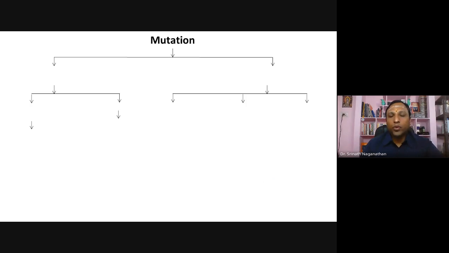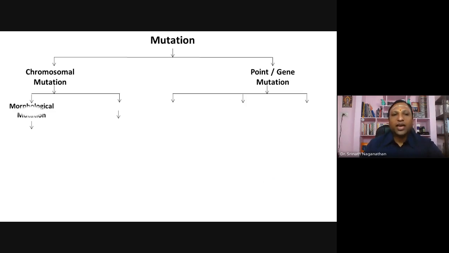So let's see about mutations. As we have discussed the different types of mutagens, based on this, mutation can be considered as chromosomal mutation and point or gene mutation. In chromosomal mutation, we have two types: morphological mutation and numerical mutation.